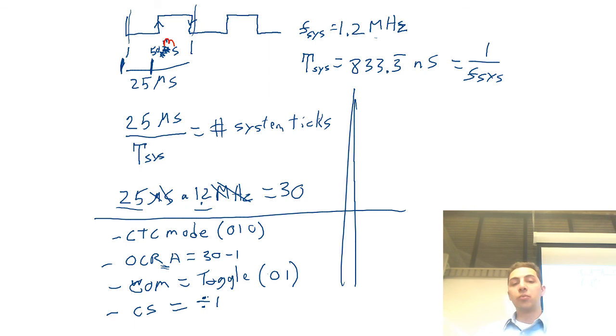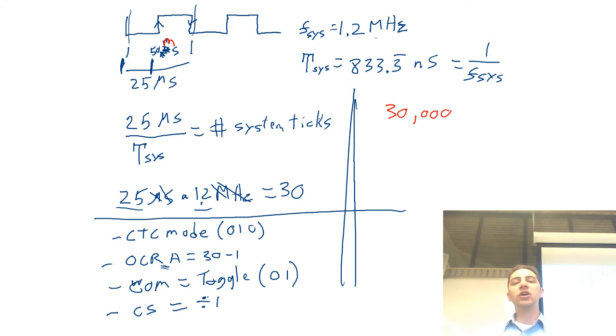And now I end up with 30,000 ticks. Okay, so now there's a couple of ways of going at this. Okay, I know I need to use a prescaler because what's the magic number? If it's over a certain magic number, I know I must use the prescaler. Yeah, 256. If it's 256 or greater, I need to do something.